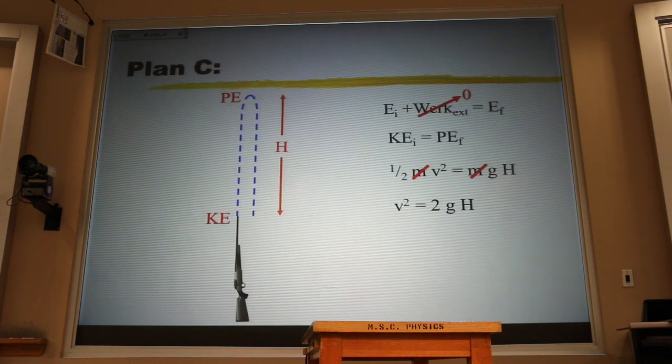Okay? Now, if we had time to do that, what we would get is something very, very close to 6 meters per second. Again, most FBI agents are hesitant to lean out their window and fire a gun straight up. Again, there's consequences.